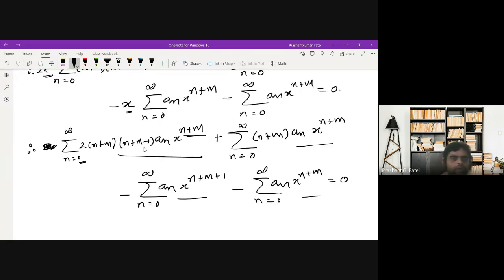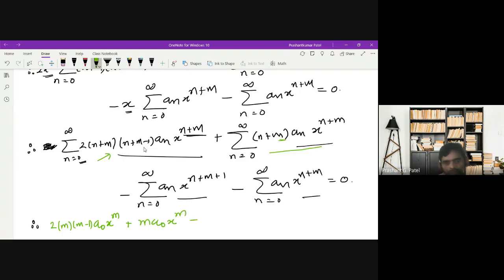So let me write down what is the lowest degree term here first. That means by putting n equal to 0 into this series, we'll have 2 into m minus 1 a0 x raised to m. That is the thing we got for the first one. What we got for the second one is m a0 x raised to m.